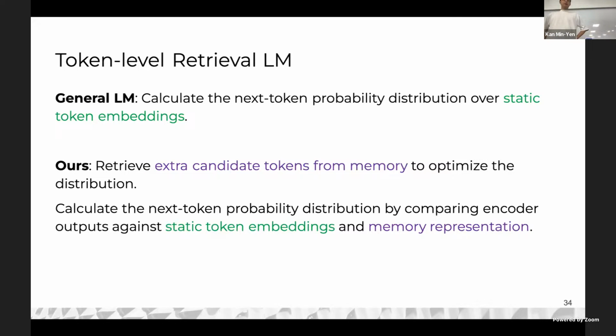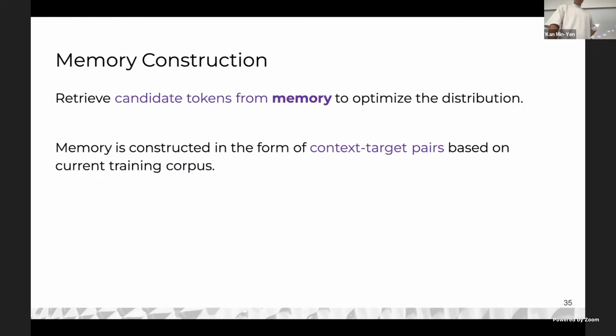The token level retrieval language model retrieves extra candidate tokens from memory to optimize the above distribution. They calculate the next token probability distribution by comparing the encoder outputs against the static token embeddings and the memory representations. So what is the memory?